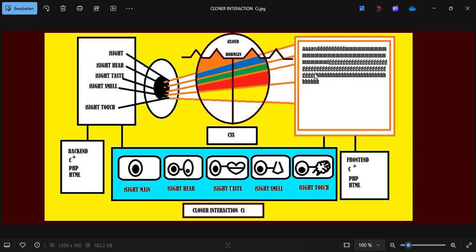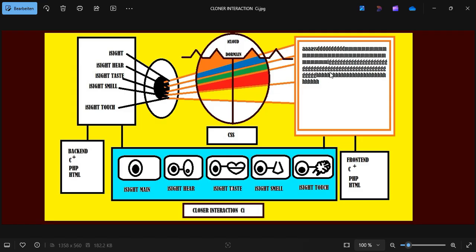The book also has perceptions, just like the eyesight ear, eyesight taste, eyesight smell, eyesight touch here too. So they interact. As they interact, the words that come out of here are projected into eyesight, eye hear, eye taste, eye smell, eye touch.